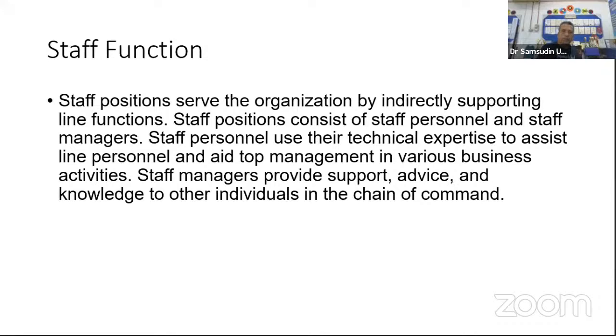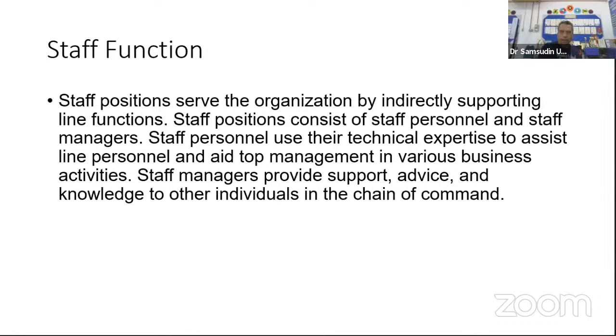Why? Because they did not receive very good support from the staff function. So for example, in the claim process.